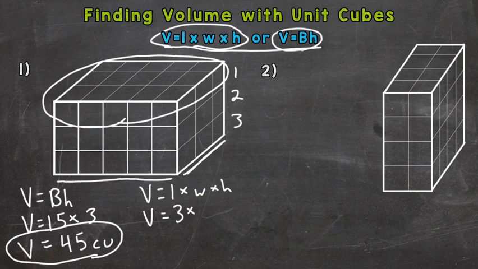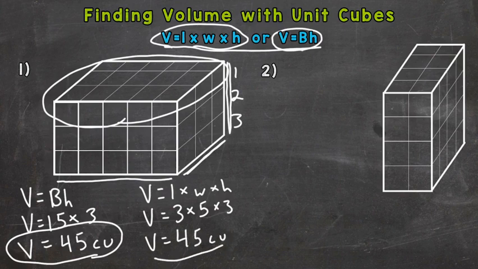How wide? 5 unit cubes. And lastly, how tall is the height? 3 unit cubes. And this will get to 3 times 5 is 15, times that 3 gives us 45 cubic units. So both formulas give us the same answer.